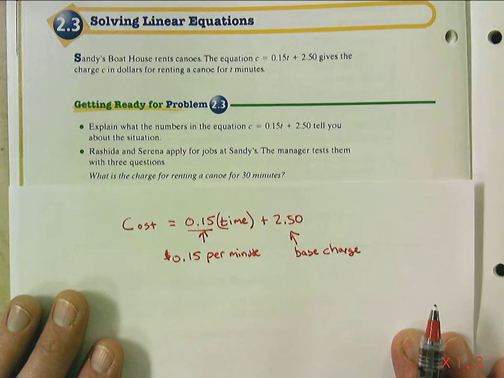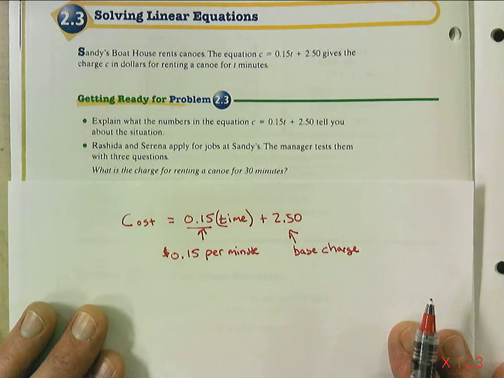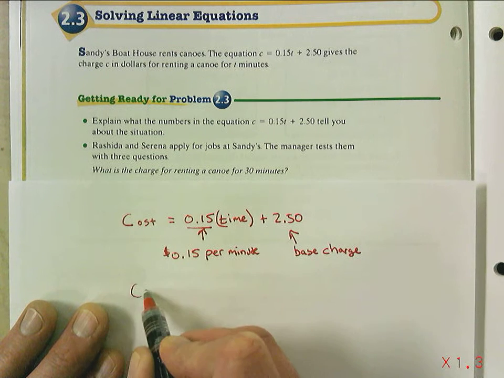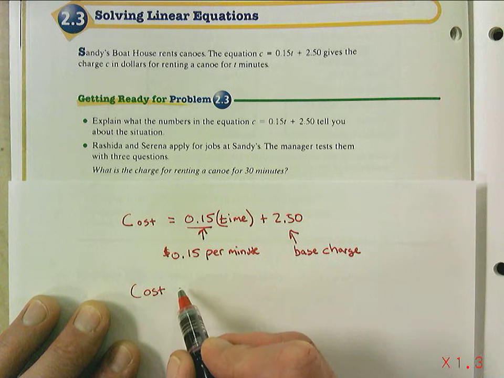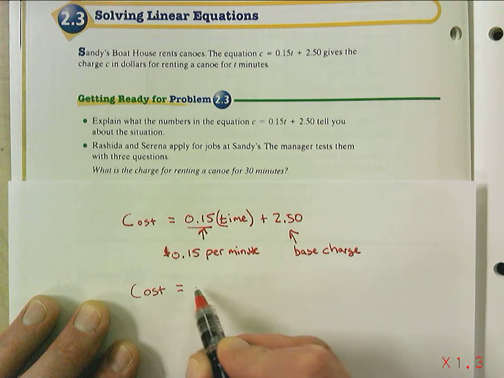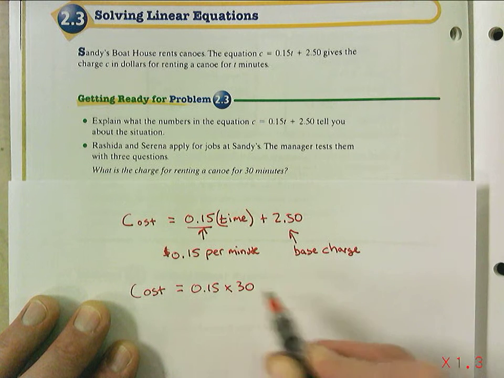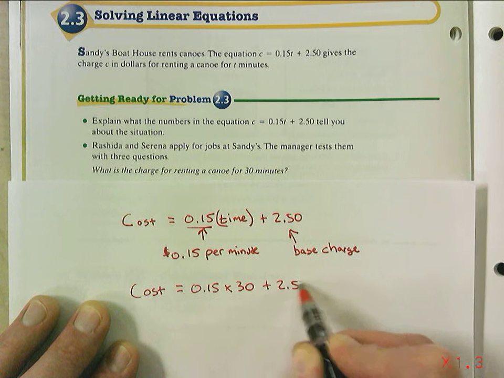And so the first question is, what is the charge for renting a canoe for 30 minutes? So if they're doing their math right, all they have to do is figure out the cost for renting the canoe for 30 minutes by multiplying the 0.15 times the 30 minutes plus the $2.50 charge.